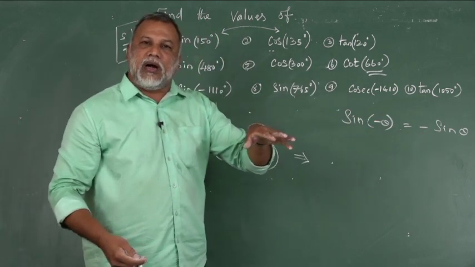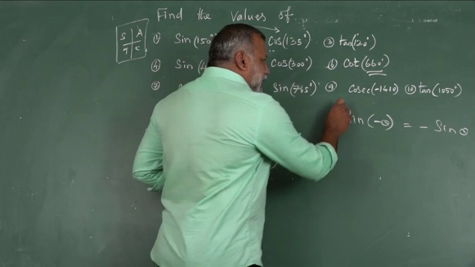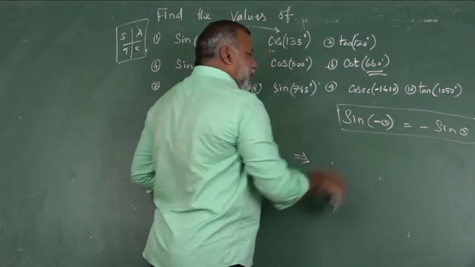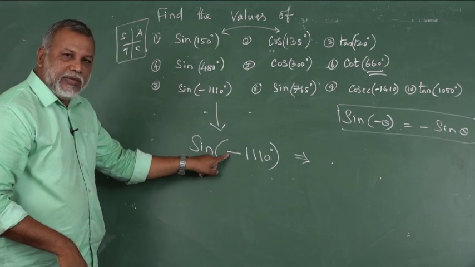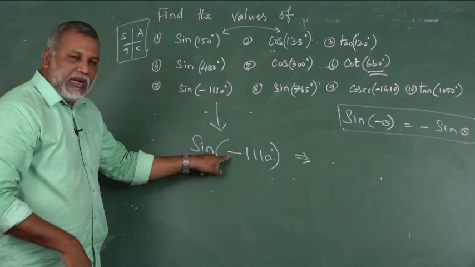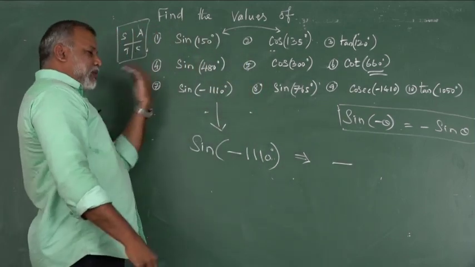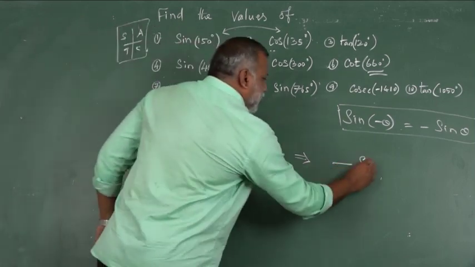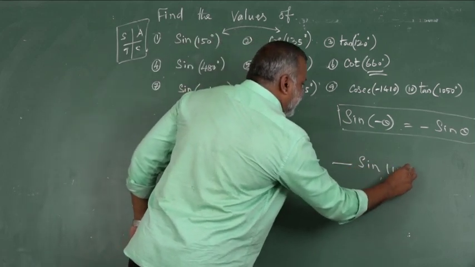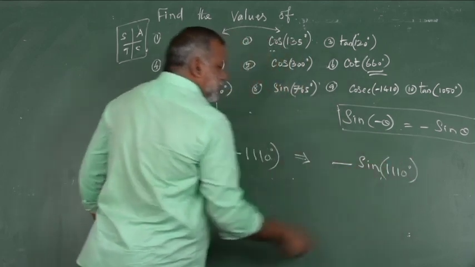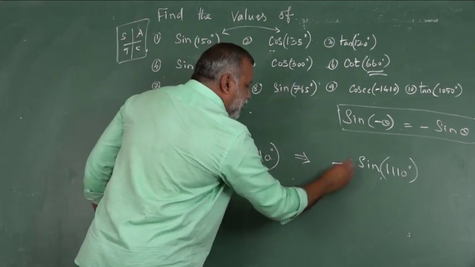These functions are called odd functions. Now, sine of minus theta means minus sine theta. In this same concept, this angle has a negative symbol. Therefore, it emits a negative first. So the negative comes out. Now sine of 1110 degrees. That function is called an odd function.